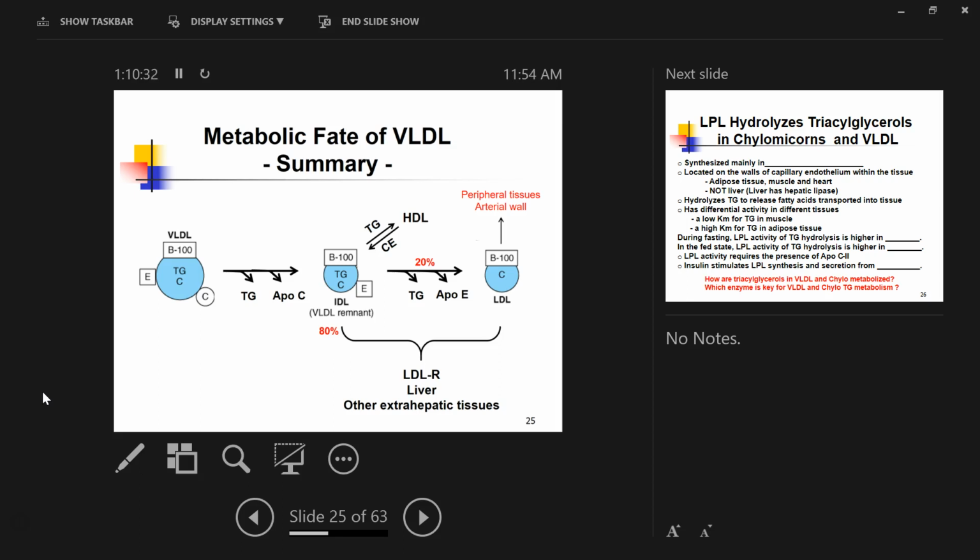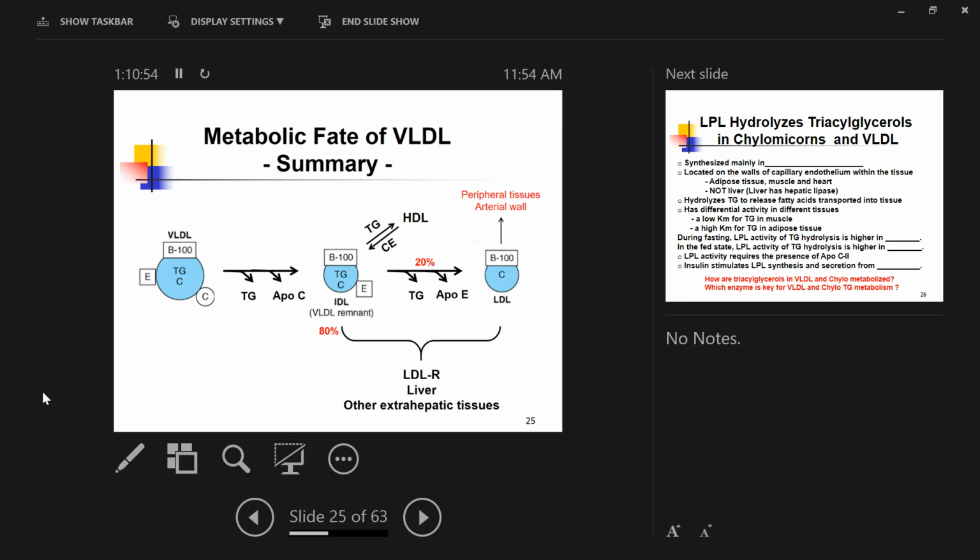So eventually IDL continues losing triglyceride and gaining more cholesterol esters, and becomes the cholesterol ester-rich LDL.